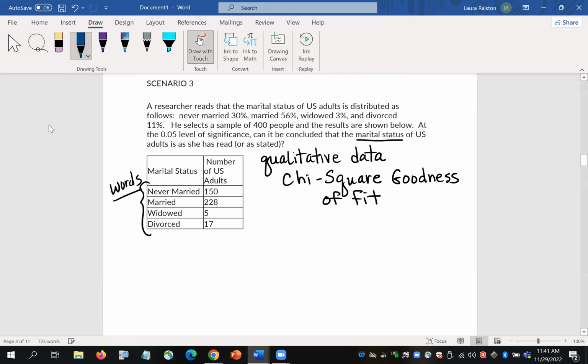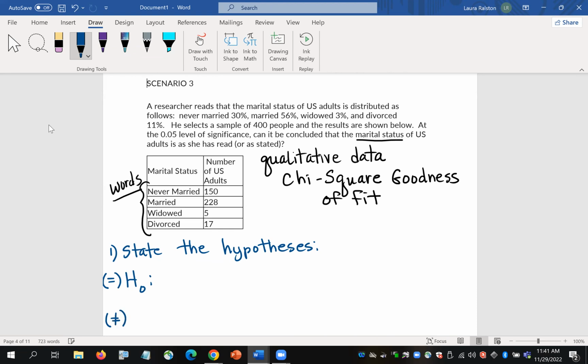Again, we begin the process, and I know y'all get tired of hearing me say this, but the first step is to state the hypotheses. Remember, with chi-square goodness of fit, the null will always in some way imply equal, and the alternative will imply not equal. We don't have to worry about greater than, less than, and so forth.